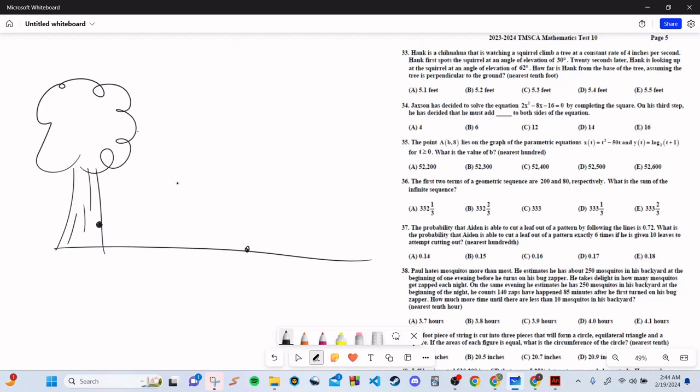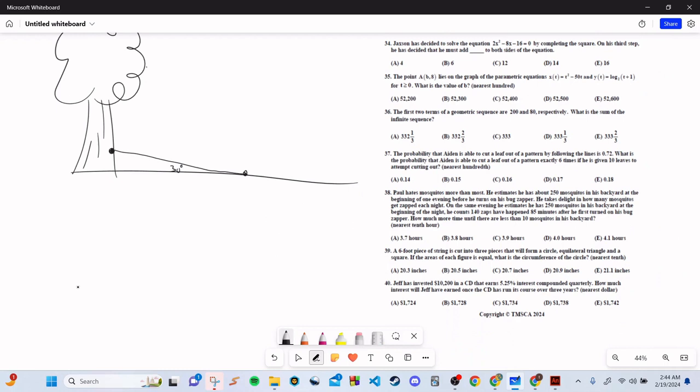And the squirrel is climbing at a constant rate of 4 inches per second. When he first spots the squirrel, it's at an angle of elevation of 30 degrees. So like that.